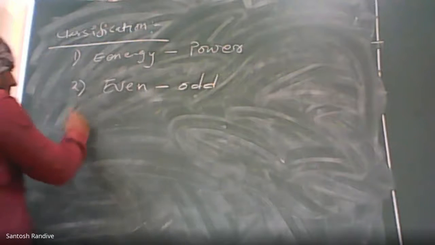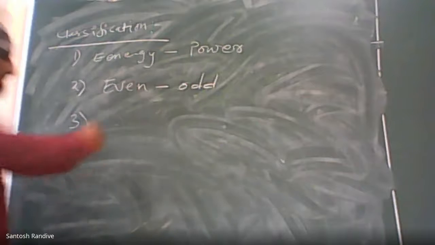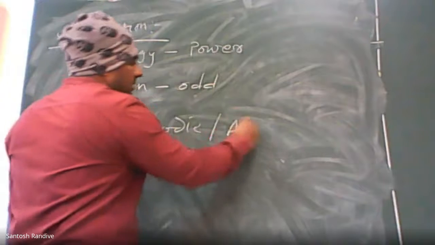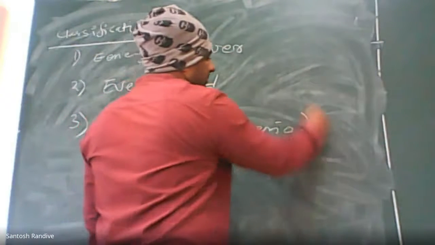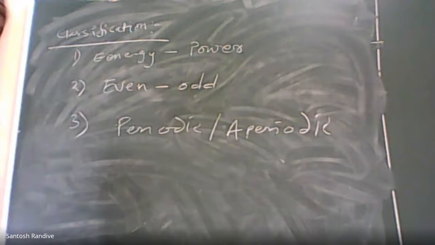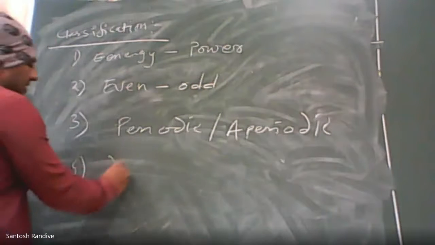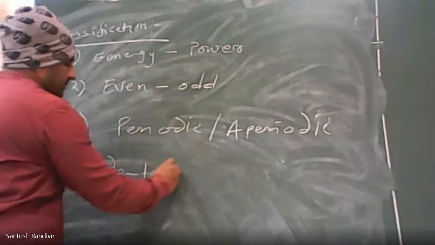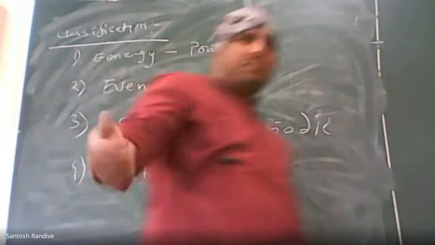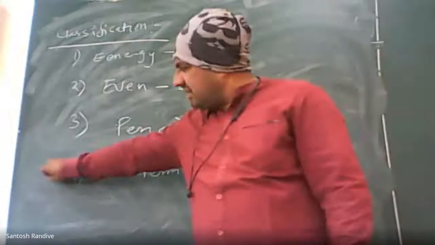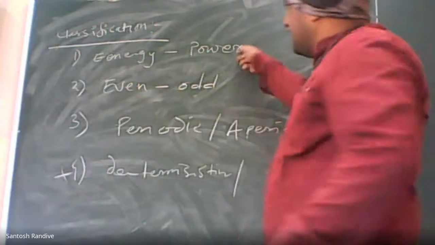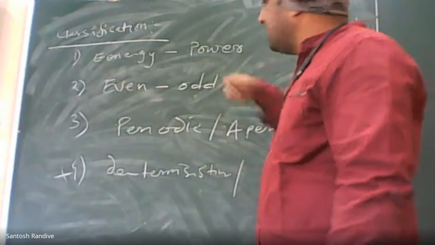Third is periodic signal or aperiodic signal. Fourth is deterministic or indeterministic, which is not at all important. We have to see the main three classifications: energy or power, even or odd, and periodic or aperiodic.